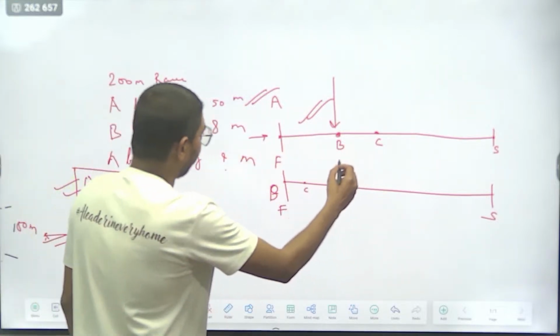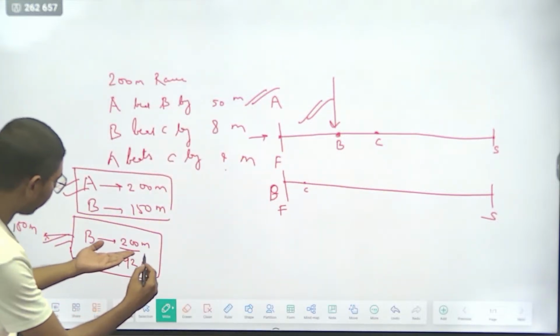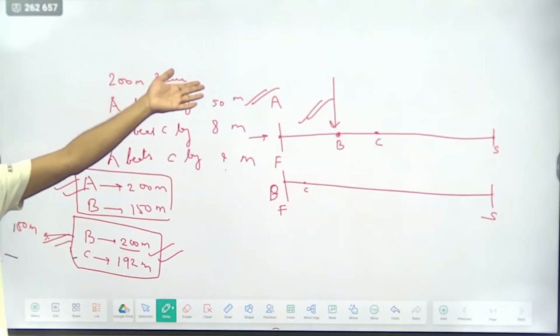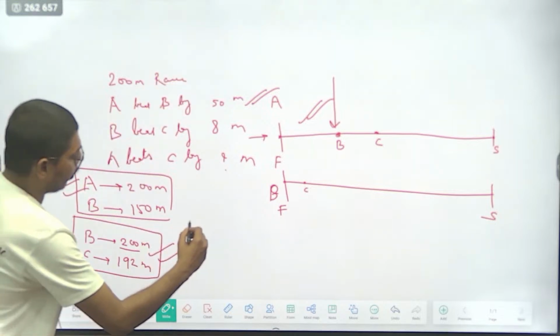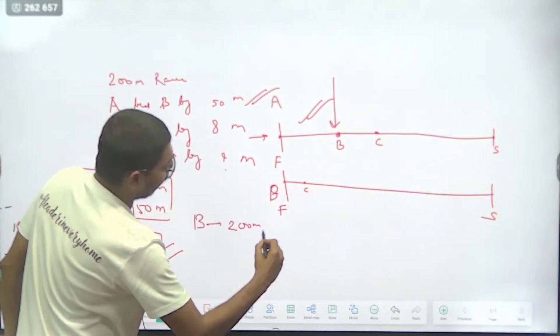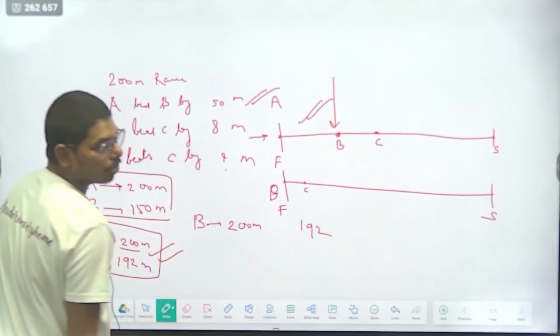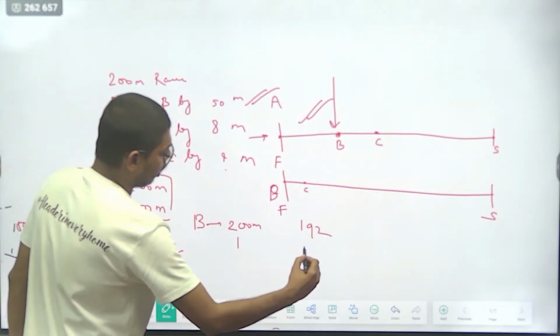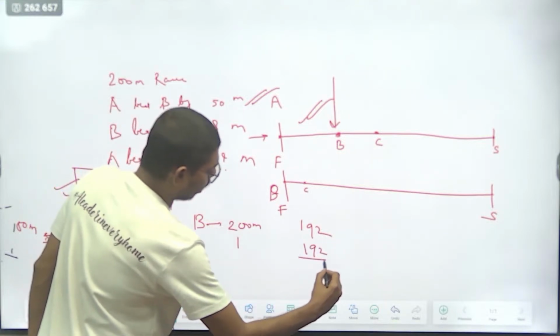So we have to find out, they have given that if B travels 200 meters, then C travels 192 meters. Beating means this is what it means. So when B travels 200 meters, C travels 192. If B travels only 1 meter, C will travel 192 by 200.